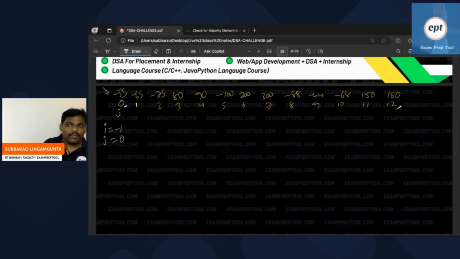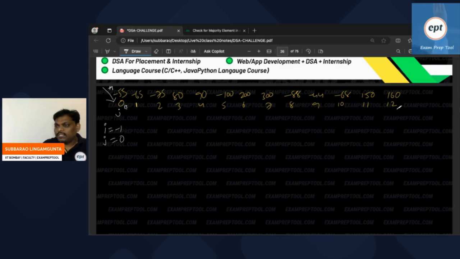Assume that the array name is a. If a of j is greater, because j wants greater, happily j will move. If not, j will stop. I want a smaller person, means I want the negative number. j wants the positive number. See what is going on.